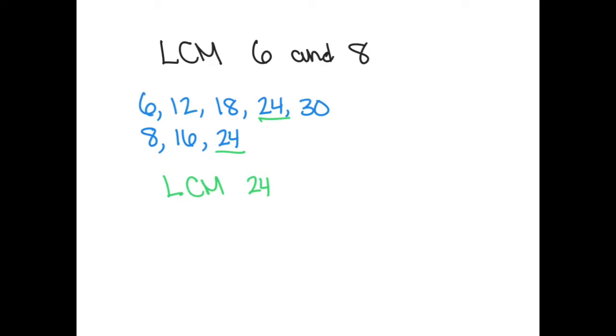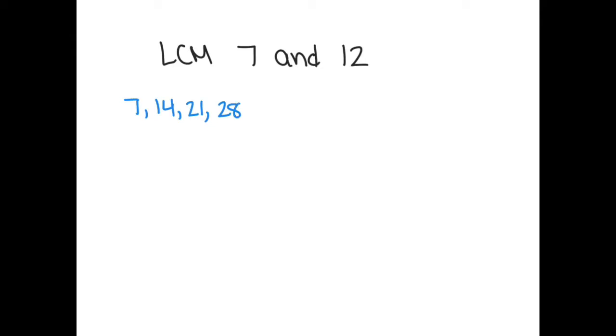Now, what if it's not that close? Let's try the least common multiple of 7 and 12. So we're going to start with our 7s list. So I'm going to do 7, 14, 21, 28. I'm going to use some of my number sense.